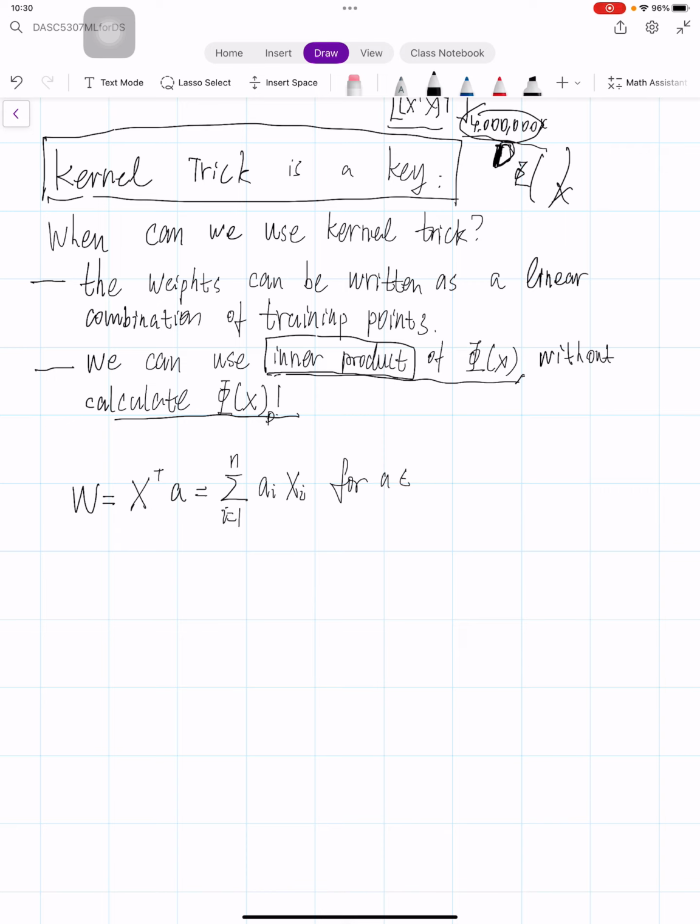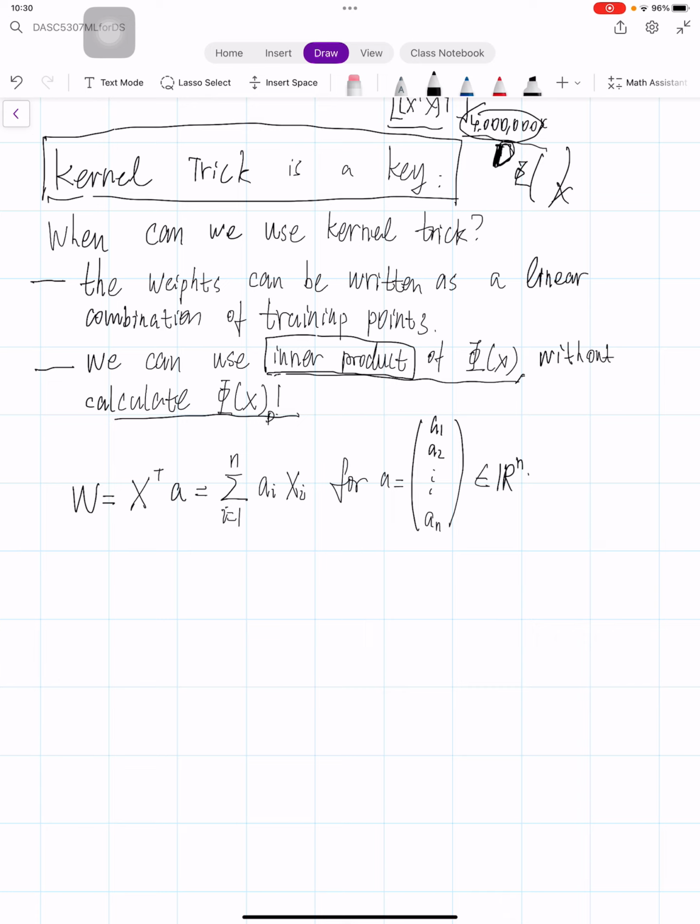A is a vector. Let me write it down vertically, because a vector usually represents a column vector: a1, a2, ..., an, which belongs to R^n.